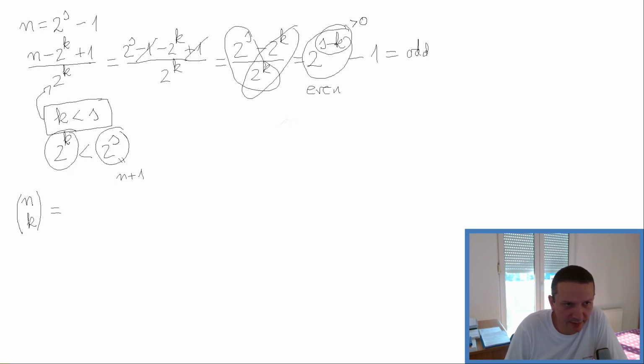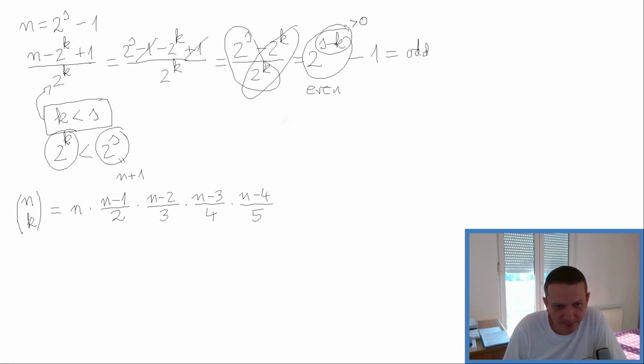We already know that this is n times n minus 1 over 2 times n minus 2 over 3 times n minus 3 over 4 times n minus 4 over 5 times, let me write some more, n minus 5 over 6 times n minus 6 over 7 times n minus 7 over 8, and so on until we reach n here in the denominator.